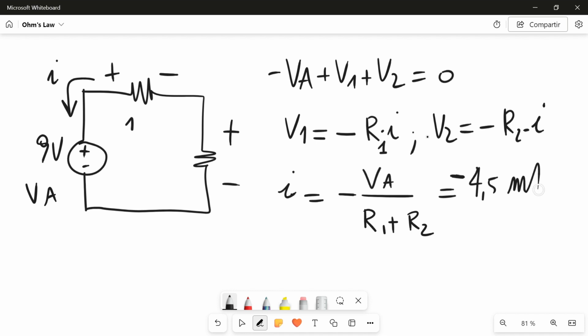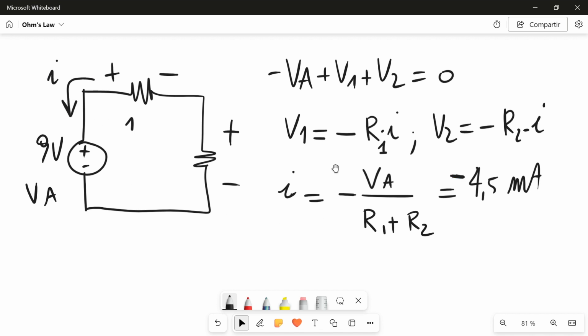In the previous case, if you calculate, you will have that I is just plus 4.5 milliamperes. So this arrow here is actually giving us the information about the sign. If we put it in this direction, we will have a positive value. If we put the arrow in the opposite direction, the same modulus, but with a different sign. The sign just reflects the direction of the arrow.